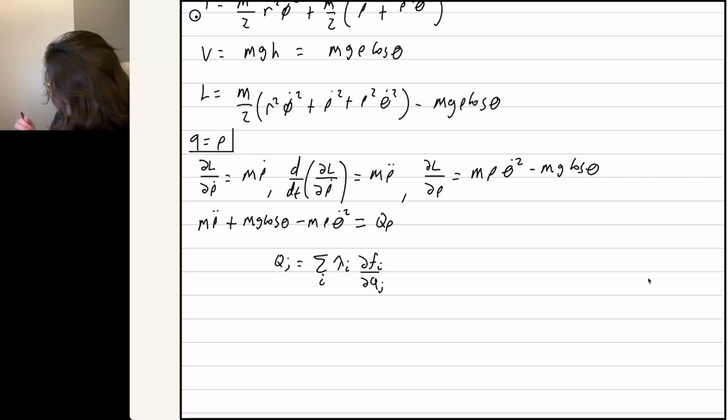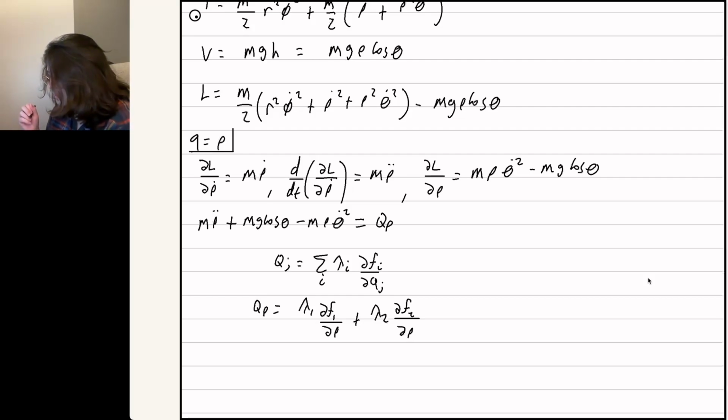So looking at our particular equations of constraint, Q rho then will be lambda 1 del F1 del rho plus lambda 2 del F2 del rho. Our first equation of constraint did actually depend on rho.